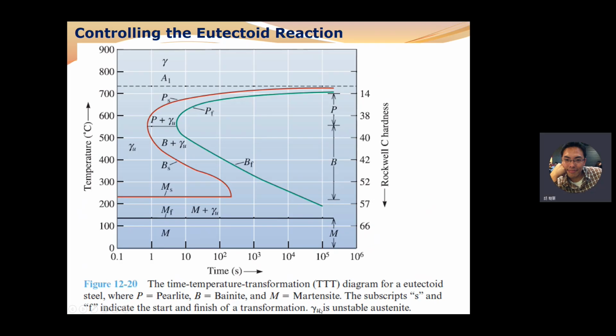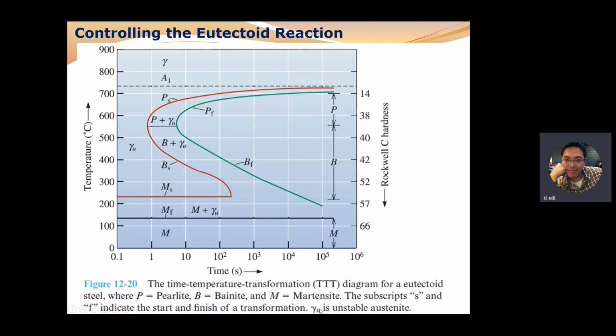So let's control the eutectoid reaction. This is the TTT diagram, right? This figure tells us, if you need a high hardness martensite, or you want to control the hardness, what are the controlling parameters that you have to adjust?